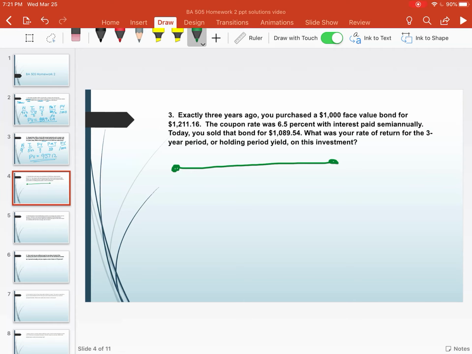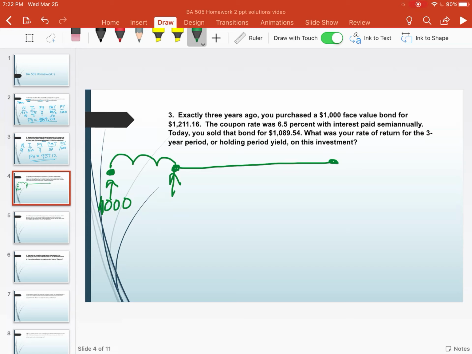And exactly 3 years ago you purchased a $1,000 face value. So 3 years ago, this is today, and 3 years ago we invested $1,000 in a bond.